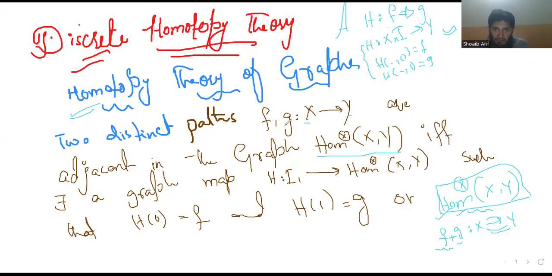Two distinct paths f and g from X to Y are adjacent in the graph Hom(X, Y) if and only if there exists a map. What type of map? This is a graph map from I1 to Hom(X, Y), such that if we substitute i equal to 0, we get f. If we substitute 1 in the place of i, we get g.